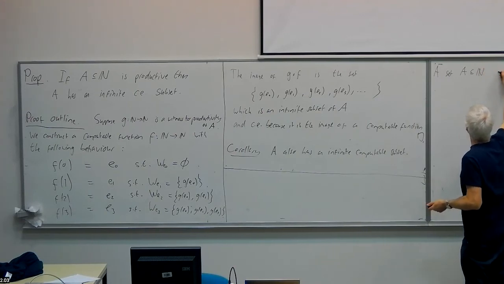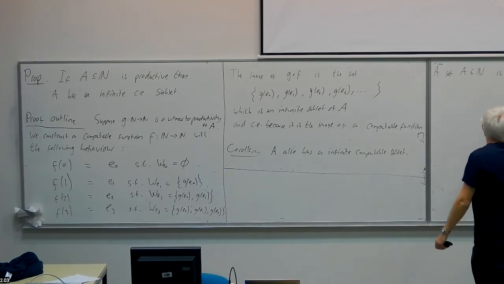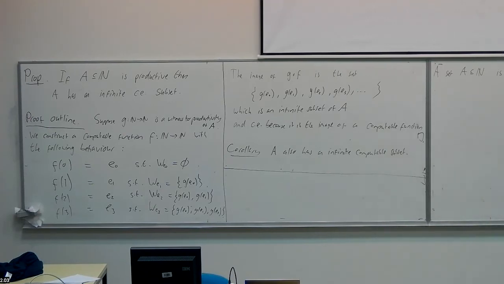So a set of natural numbers is called immune. I have no idea where this terminology comes from, but anyway, it's immune. It was a useful property to have in times of epidemics.